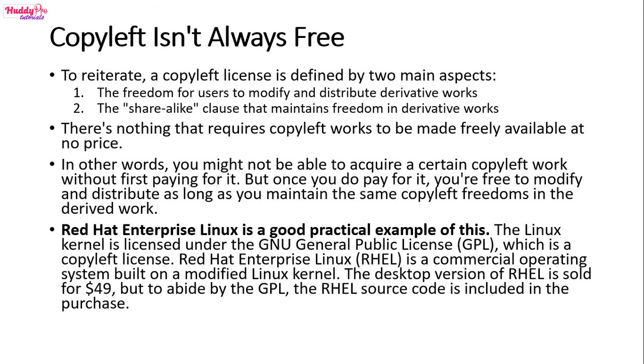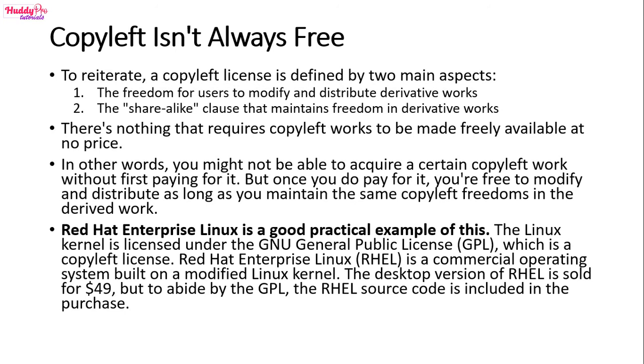So we have an example of the Red Hat Enterprise Linux. The Linux kernel is licensed under the General Public License, that's GPL, which is also a copyleft license. Now, the Red Hat Enterprise Linux, RHEL, is a commercial operating system, meaning you don't get it free of charge, but rather you have to buy it, and it's built on the modified Linux kernel.